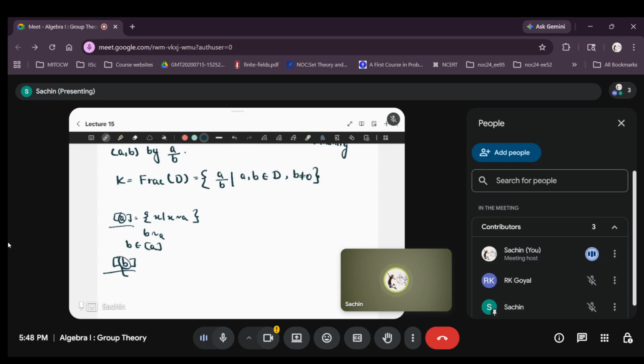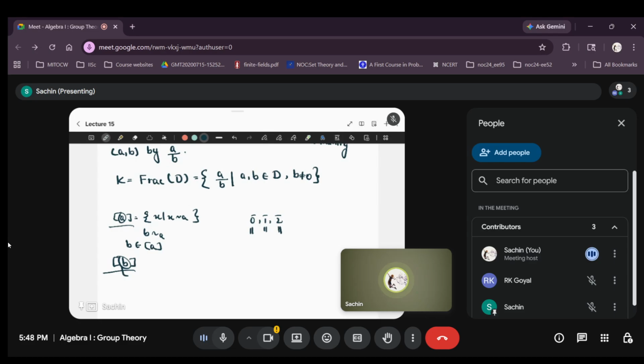So that means if I had the equivalence classes of the remainder when you divide by 3, say we had 0 bar, 1 bar, 2 bar. That is, this is the set of all elements which give remainder 1 when divided by 3. This is the set of all elements which give remainder 2 when divided by 3. This is the set of all elements which gave you 0 when divided by 3.